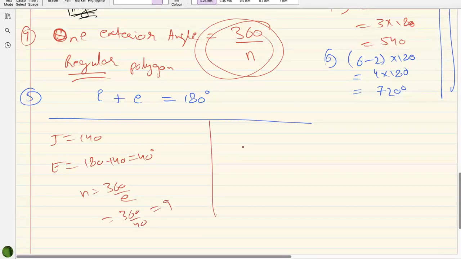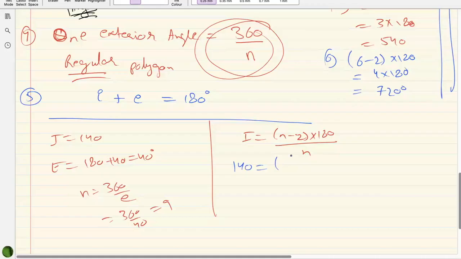On the other hand, one interior angle was n minus 2 times 180, which gave this sum over n. One exterior angle, so 140 was already given. This is number of sides, which is unknown. 180n minus 360 by n. Cross multiply. 140n is equals to 180n minus 360.